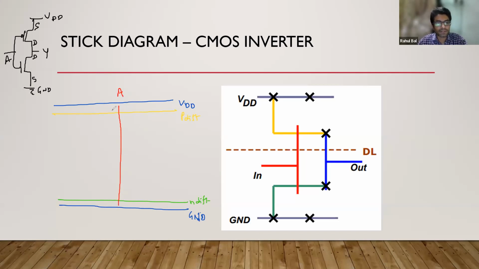So the top connection represents the PMOS and the bottom connection represents the NMOS. So source, drain, here source, drain.